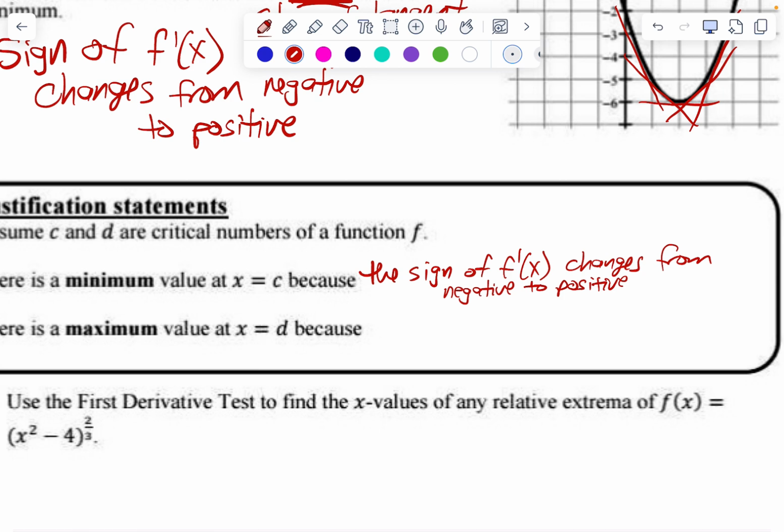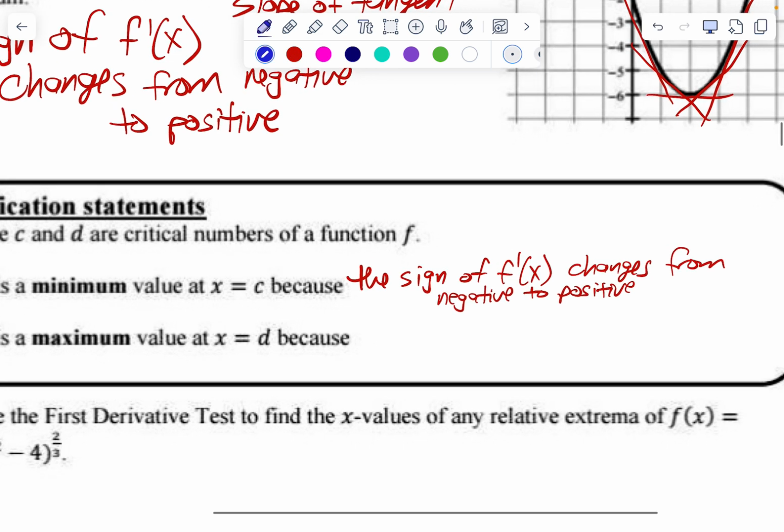Like something is increasing in speed if the velocity and acceleration have a different sign. Excuse me, if they have the same sign. It's decreasing in speed if it has different sign. That was okay back then to just say different. But now we have to specifically state that it's negative to positive. So be specific.